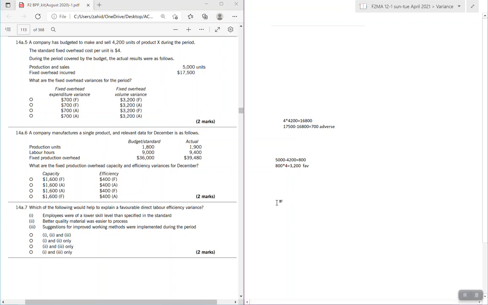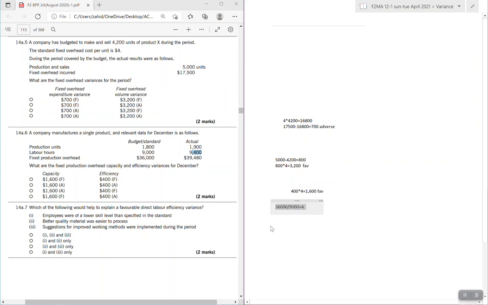So if we have more hours, it is better. Budgeted hours is 9,000, actual is 9,400, so it should be 400 favorable. 400 favorable multiplied by rate per hour. We have fixed overhead of 36,000, dividing that by the time, which is 4 per hour, multiplying by 4 per hour gives us 1,600 favorable variance.